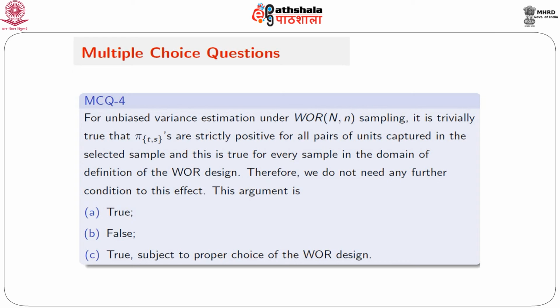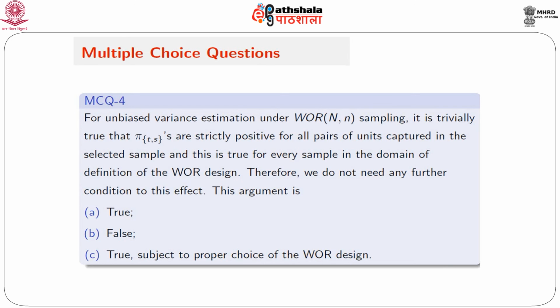We will agree with this. If my sample has the units 1, 3, 7, the probability of getting 1, 3, 7 must be something positive. Therefore pi 1,3, pi 1,7, pi 3,7 are trivially positive. That is what the first sentence says. It is trivially true that pi TS's are strictly positive for all pairs of units T and S captured in the selected sample, and this is true for every sample in the domain of definition of the without replacement design.